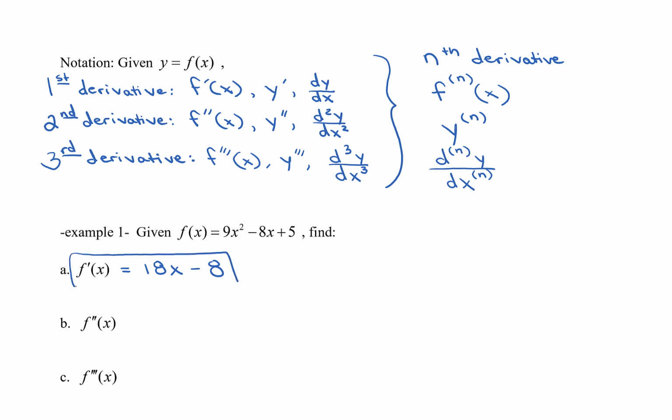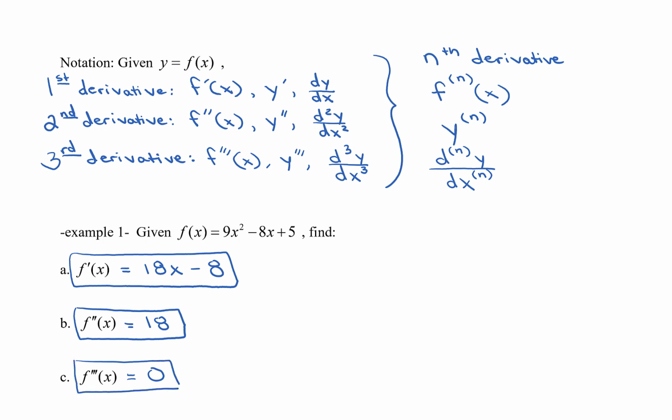B, the second derivative of f of x. f double prime of x is going to be equal to 18, and we're going to box that in. C, the third derivative of f of x. f triple prime of x is going to be equal to 0.